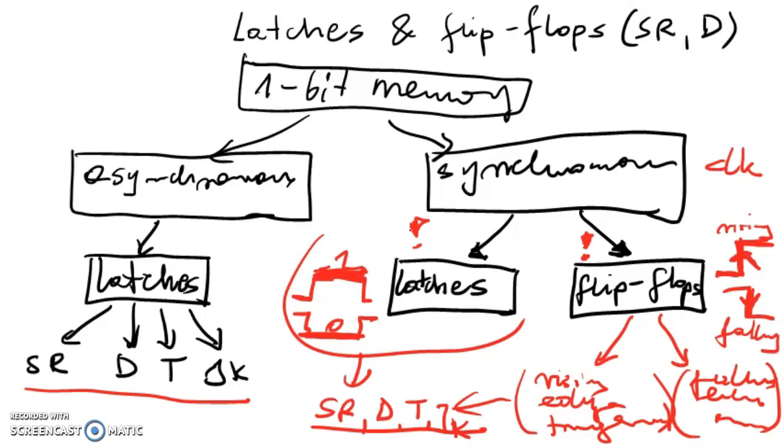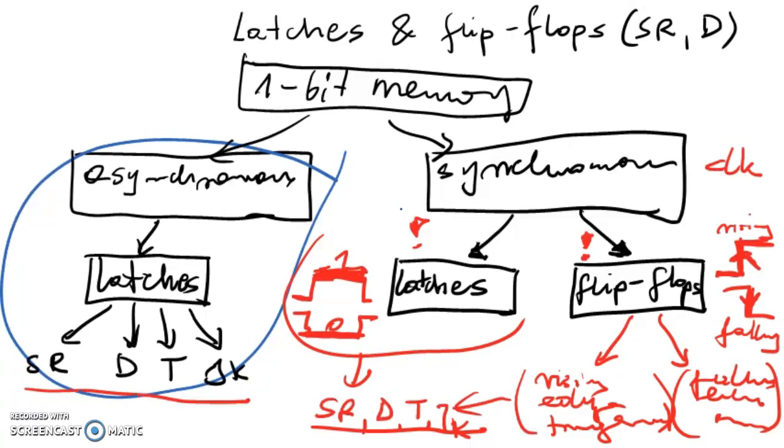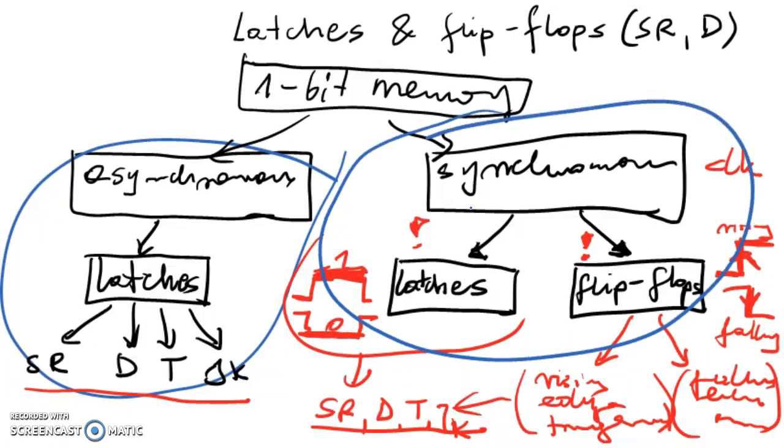In this course, we will not be dealing with asynchronous variants of the latches. We are only interested in synchronous versions of the 1-bit memories. Independently of the type of triggering, whether latches or flip-flops, the description of them is the same and only depends on the type.